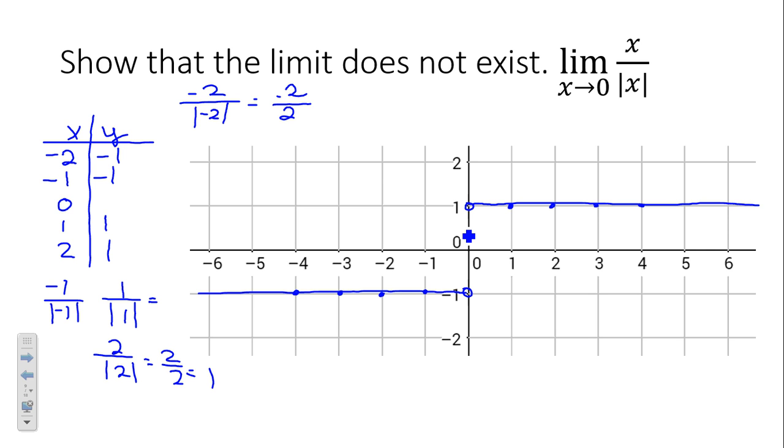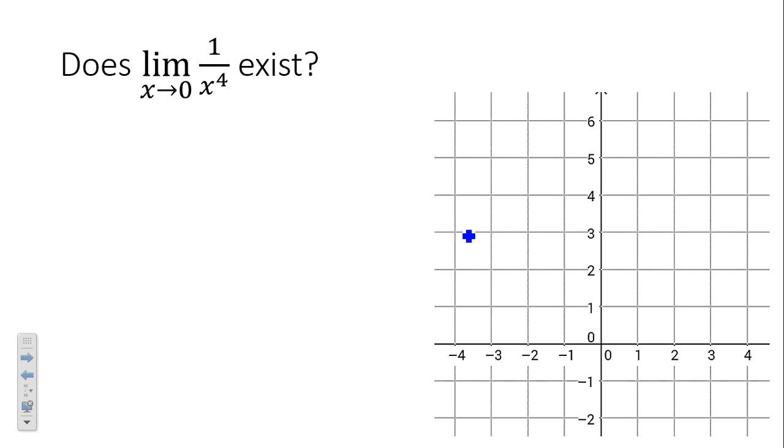Okay. Here's another example. Does the limit of 1 over x to the 4th exist when x is approaching 0? So let's check. What are some good numbers to try? -2, -1, 0, 1, and 2, right? So this one is, of course, not going to exist at 0 because we can't divide by 0.